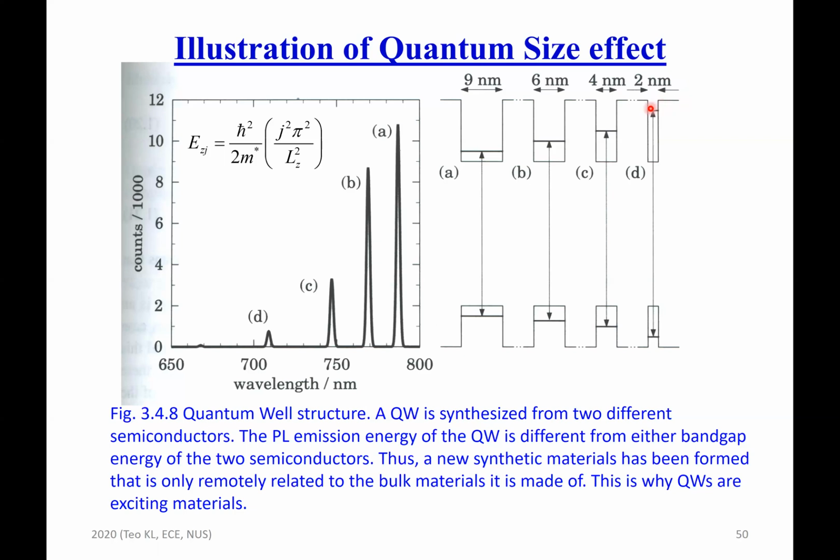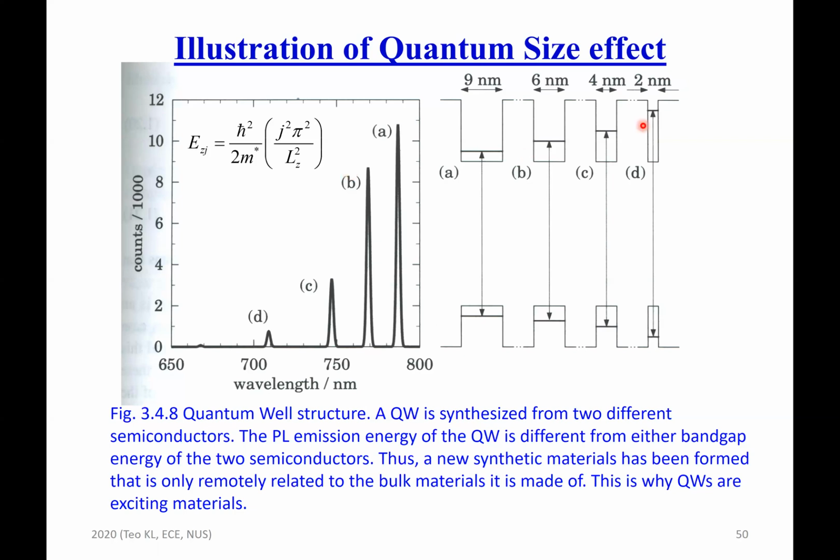So there's a limit to the size of the well width you can reduce. If L tends to 0, then you basically become a bulk semiconductor, and there's no quantum size effect. The semiconductor doesn't behave like a quantum well.